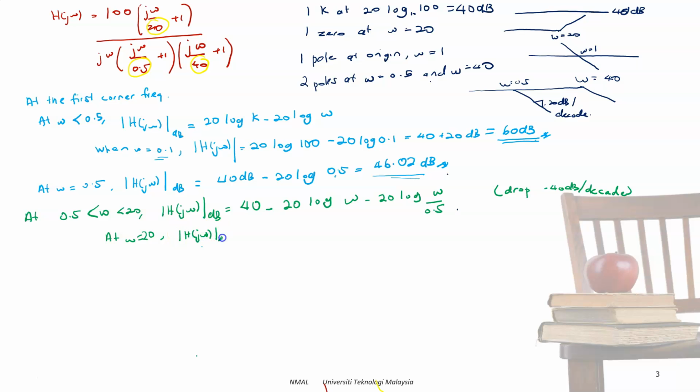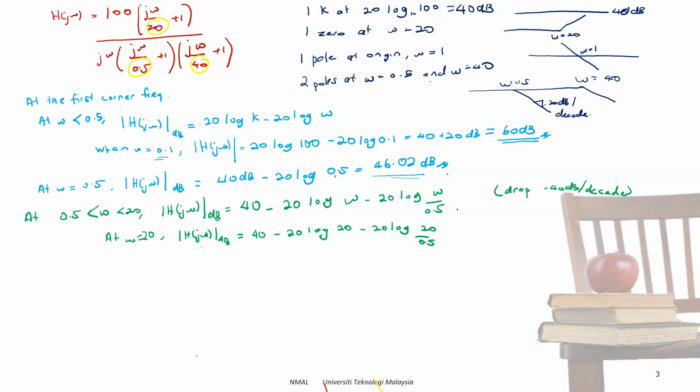H j omega in dB is equal to 20 log 100, constant, minus 20 log 20, because we put in the value omega is equal to 20, and then minus 20 log omega, which we replace with 20 divided by 0.5.